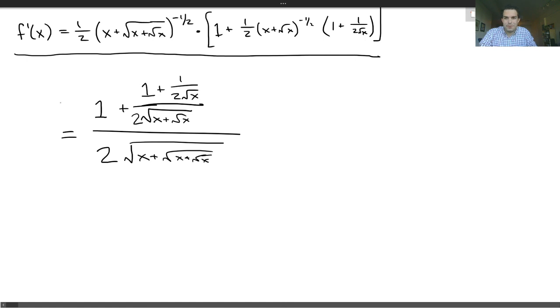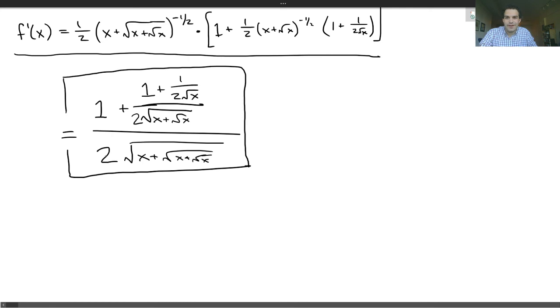Okay, so we have this multi-layered, I think of this almost like a multi-layered cake, giant, ugly fraction. But you can see there is a nice pattern here. If we added more nested square roots into this terrible expression we started with, you can maybe guess what kind of pattern would continue.